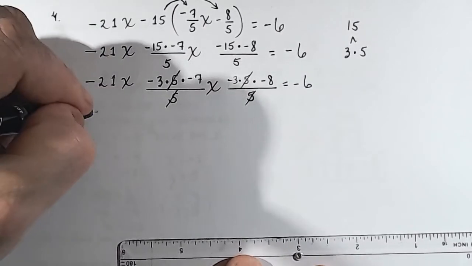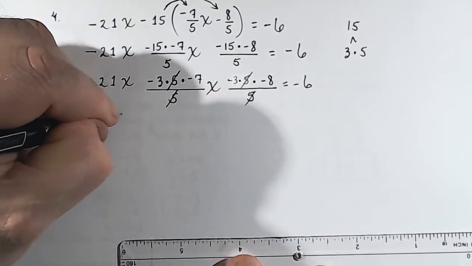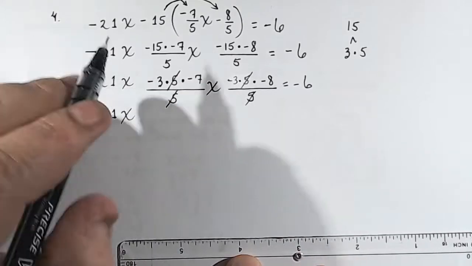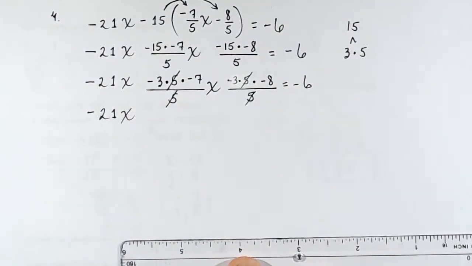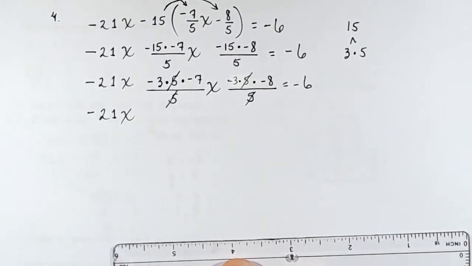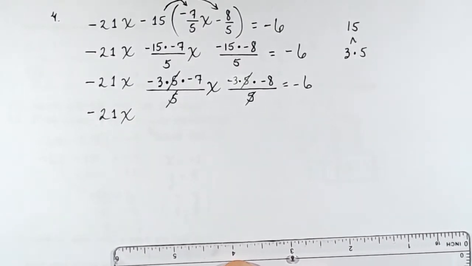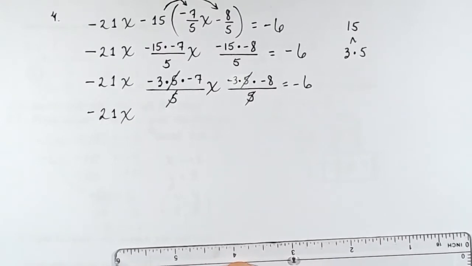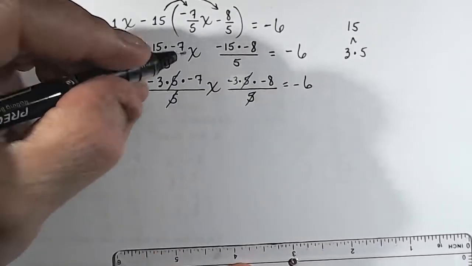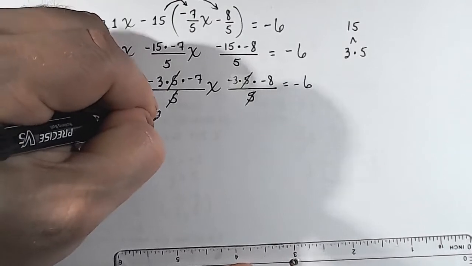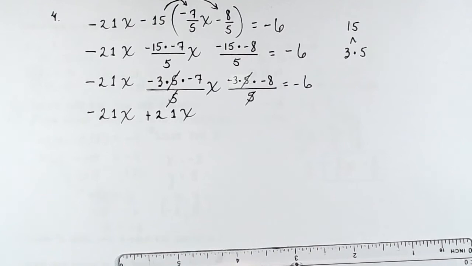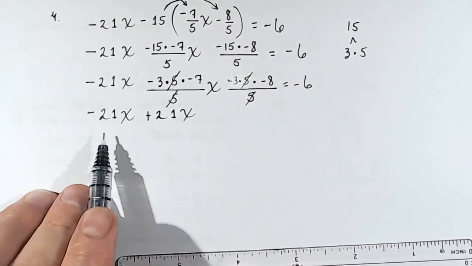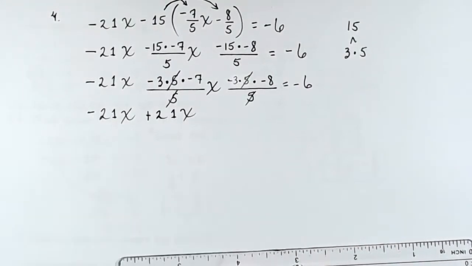So now I rewrite negative 21x. And then I do negative 3 times negative 7. Well, we know what 3 times 7 is. That's 21. So negative 3 times negative 7 is 21, because a negative times a negative is a positive. So we put plus 21x. Look what happened here. Now I have negative 21x plus 21x. Those two things are going to cancel out.